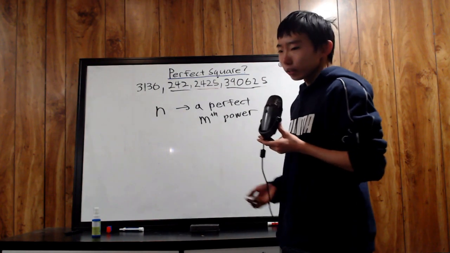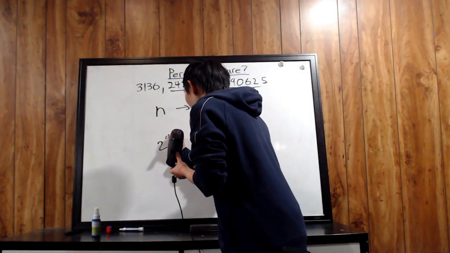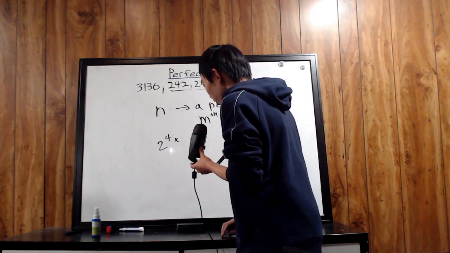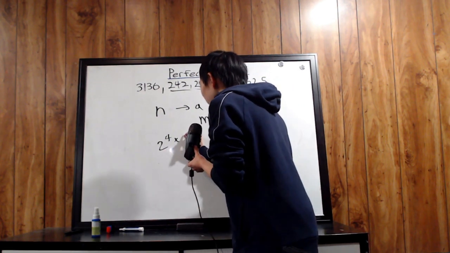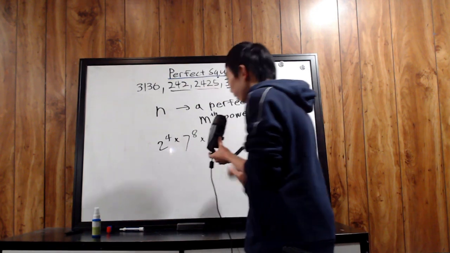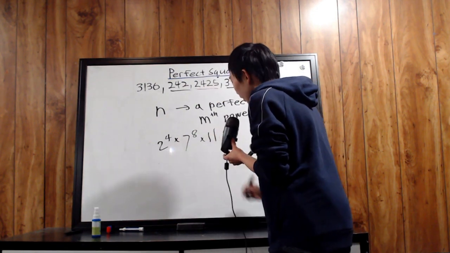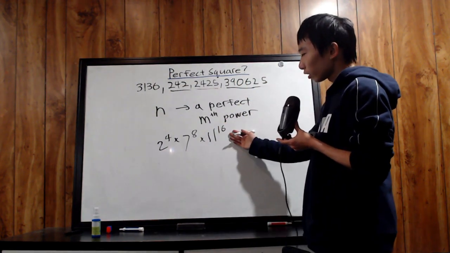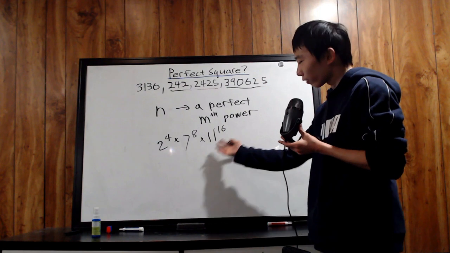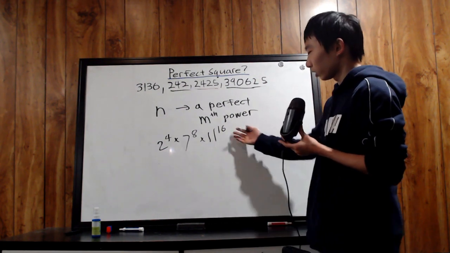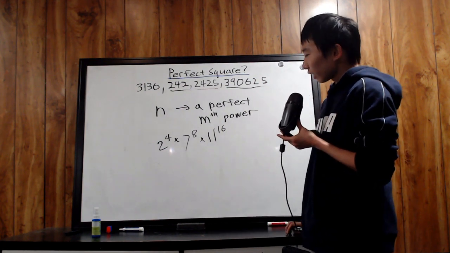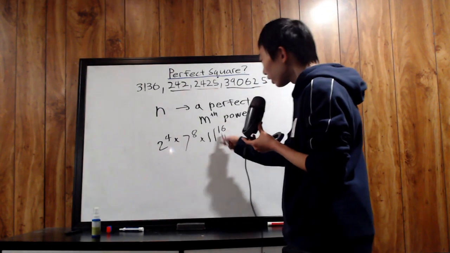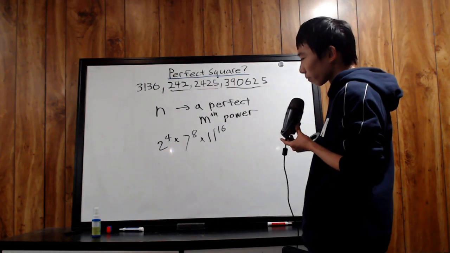So for example, let's write prime factors: 2 to the 4 times 7 to the 8 times 11 to the 16. Well, I can tell you that this number is a perfect 4th power. I don't know what value it is. I have to do the math myself, and this is a very large number. But I can tell you that this is a perfect 4th power. Why? Because all the exponents are multiples of 4.